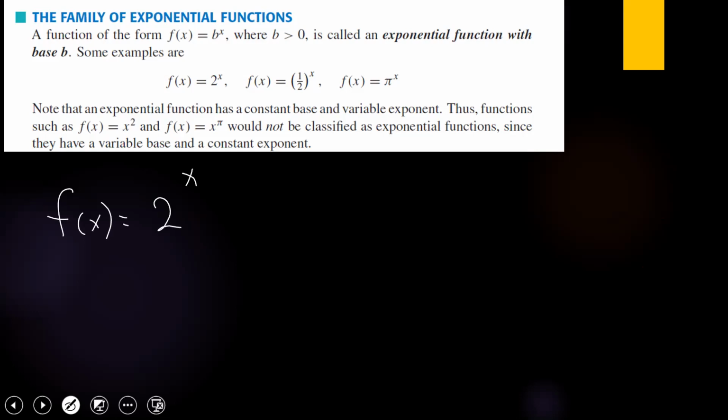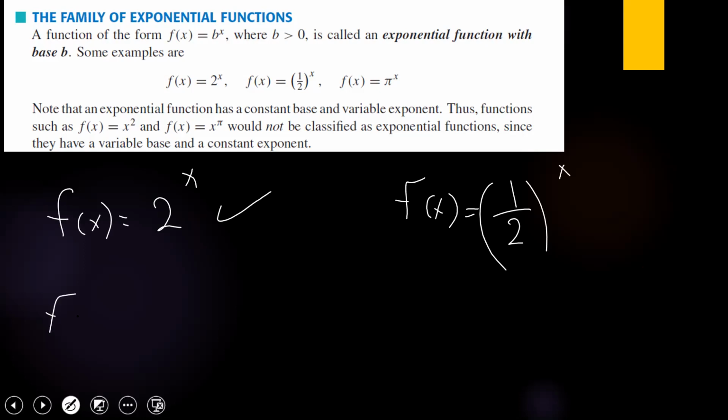So if I have a function with a number raised to x, to a variable, I will say this is an exponential function. Or if we have half raised to the power x, half is a number raised to the power x, this is an exponential function. If we have pi, as an example, to the power x, this is also an exponential function. So be careful.